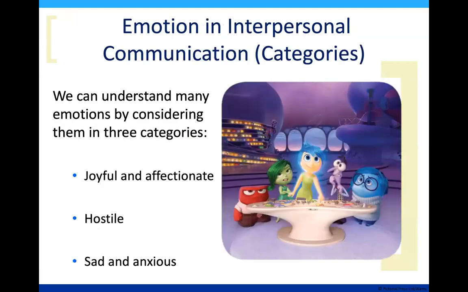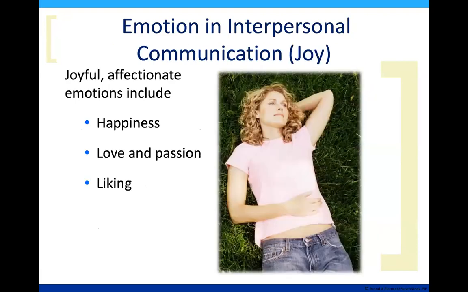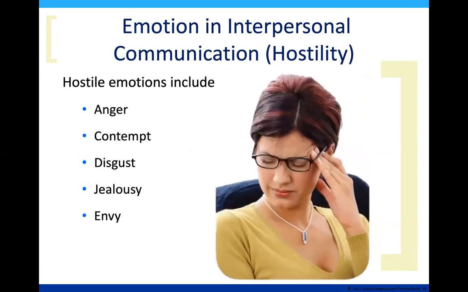Emotions come in 3 categories ultimately. The first would be joyful and affectionate emotions, the second, hostile emotions, and the third, sad and anxious emotions. When we talk about the joyful emotions, these could include happiness, love and passion, and liking.